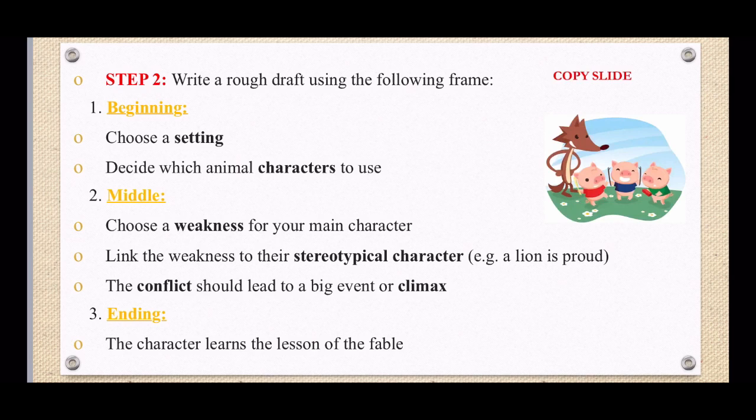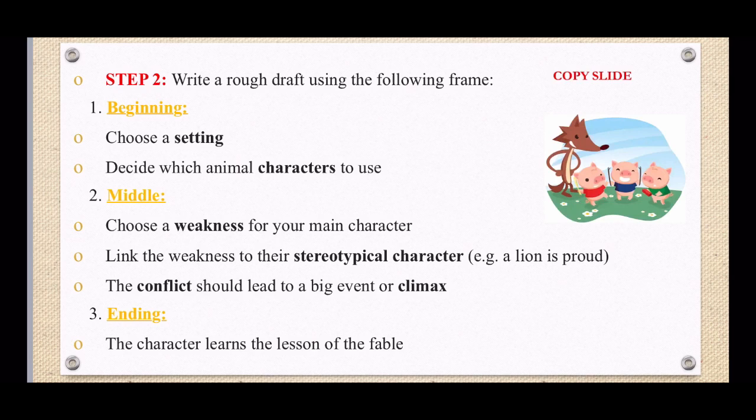Then secondly, we need to have a middle. Now you will need to choose a weakness for your main character, right? For example, if you choose a pig, their weakness could be lying. Then you need to link that weakness to the stereotypical character. For example, in our story yesterday, we had the lion and the mouse.